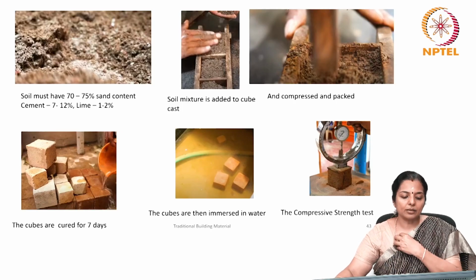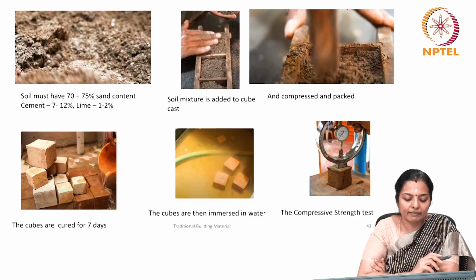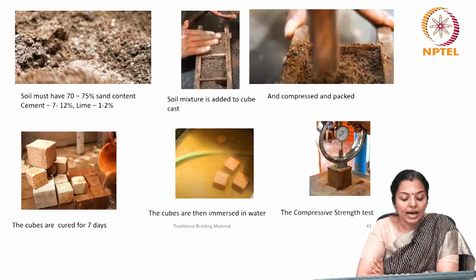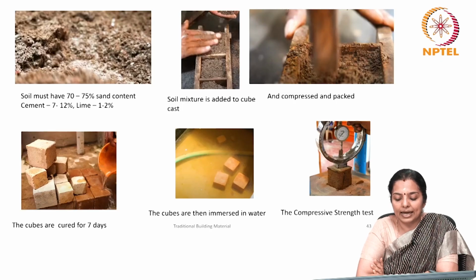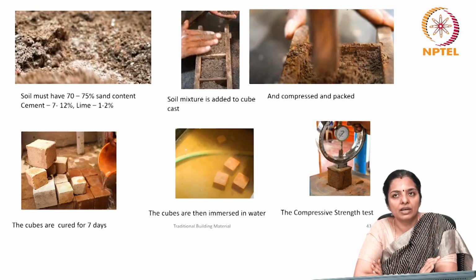So, how do you test a block? First, your soil must have 70 to 75% sand content, and in that you must add 7 to 12% cement and 1 to 2% lime. The soil is tested on site. The topsoil which is fertile must not be used, as I told you in the last class also. You never use topsoil because it is very fertile with organic matter.